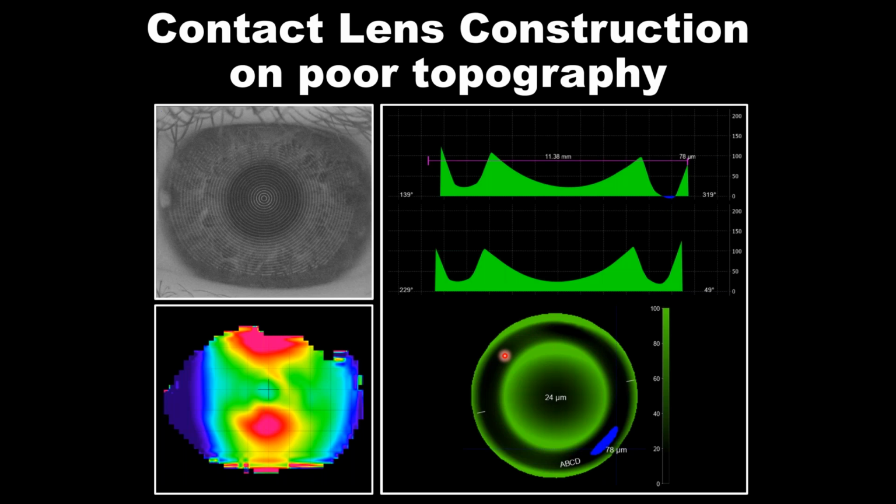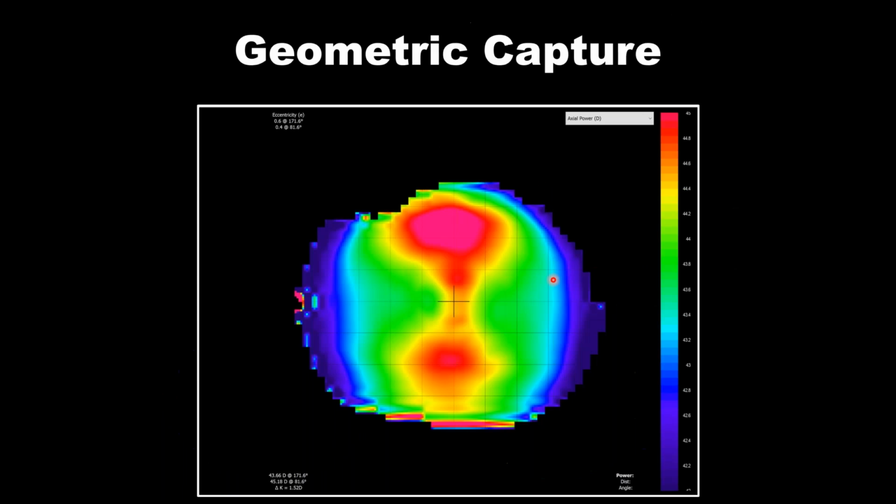So by taking a better topography capture, I probably wouldn't see the flat meridian landing down on one side only. Of course, a rigid contact lens will hit the highest point and find the opposing highest point always along a similar axis. So clearly there's something not right when we look at the tear layer profile of both the flat and the steep meridian.